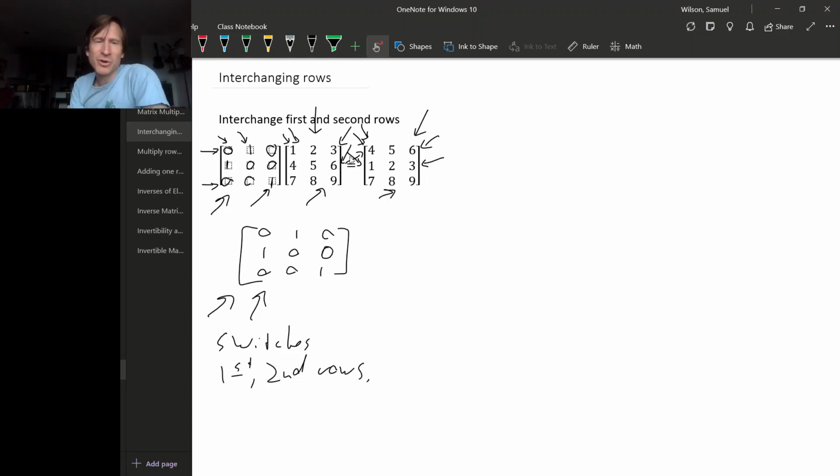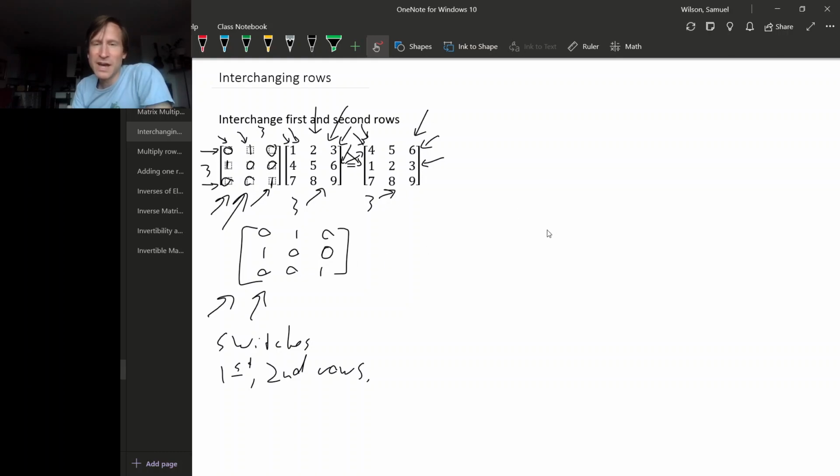Of course, in this particular example, we had a very specific size of matrix that we started with, and since we had 3 rows to begin with and 3 rows to end with, we needed to have a 3 by 3 matrix for our row operation.